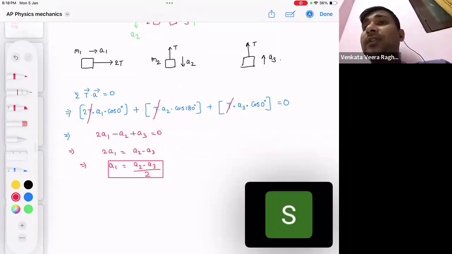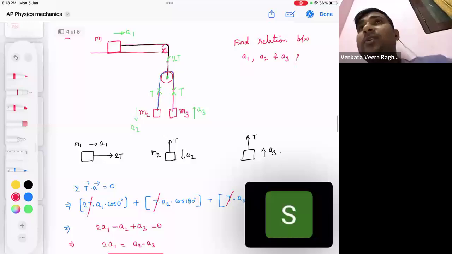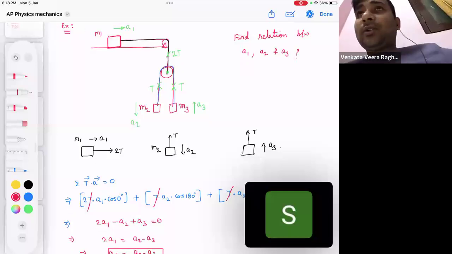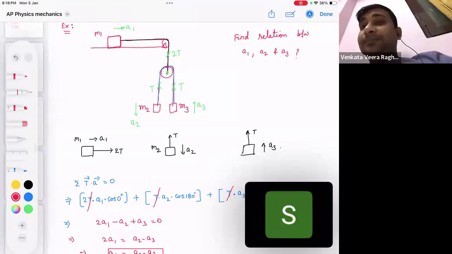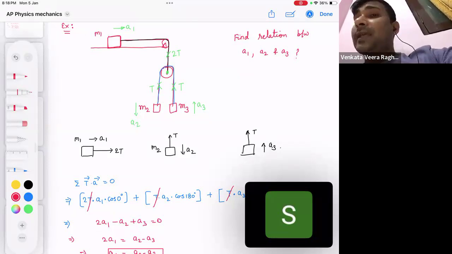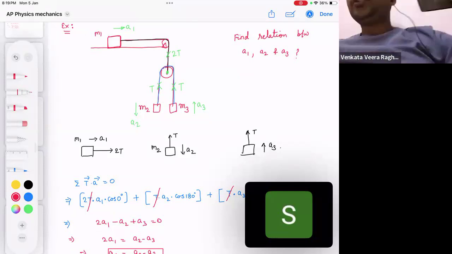So this is called the pulley constraint. When do we apply the pulley constraint? Whenever the blocks do not have the same acceleration. And when will these blocks not have the same acceleration? When they are connected through different strings.